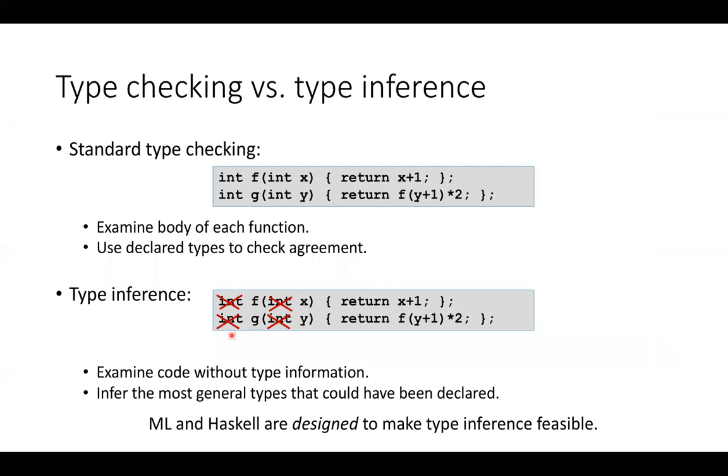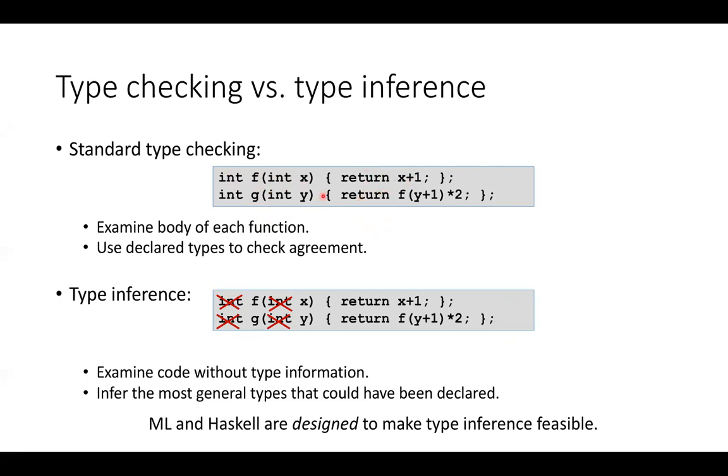Okay, so with that in mind, let's think about the difference now between type checking and type inference. In type checking, you have a program which has been annotated with a bunch of type annotations. For example, here we have a little chunk of C, where we have an F and a G, and we've got the return type annotated as int, and the argument type annotated as int, and the body of some function.